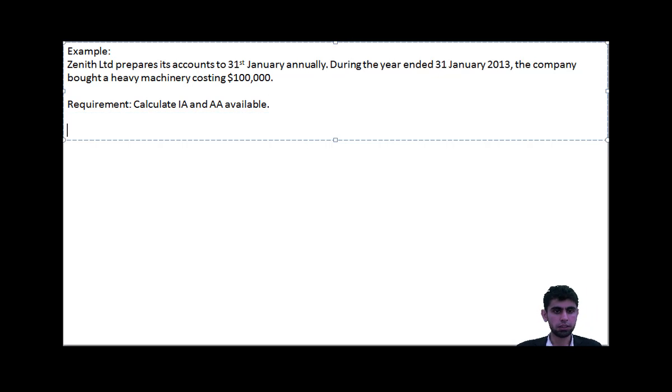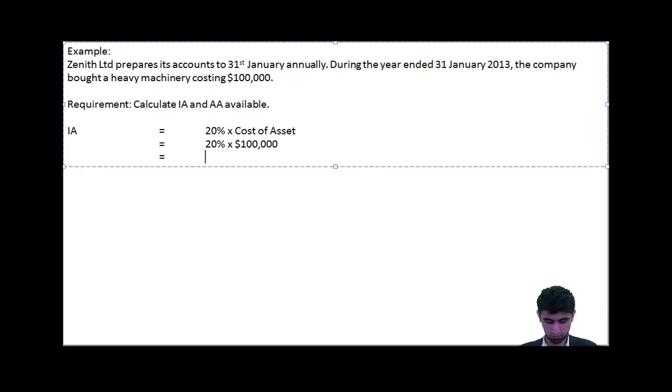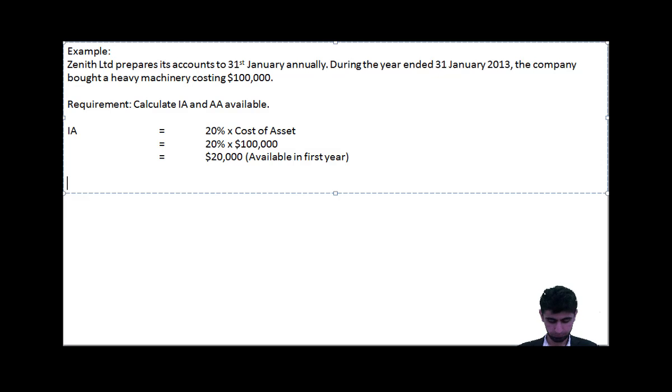So how much initial allowance will be available? Initial allowance is equal to 20% times cost of asset, right? 100,000. So it's going to be 20% times 100,000. That gives us 20,000. Yes, so that's the initial allowance available in the first year. Then annual allowance.